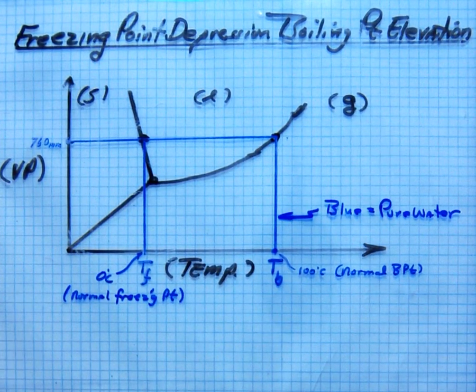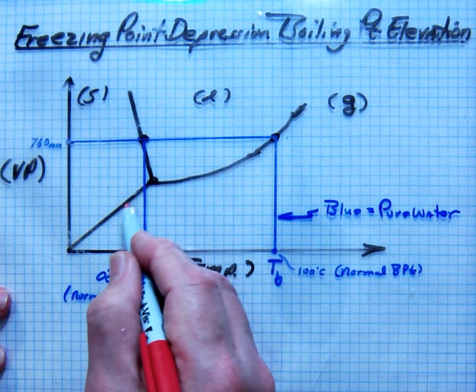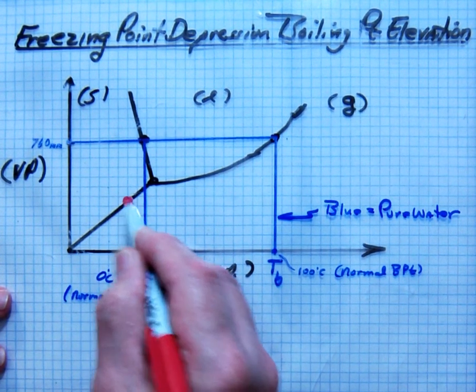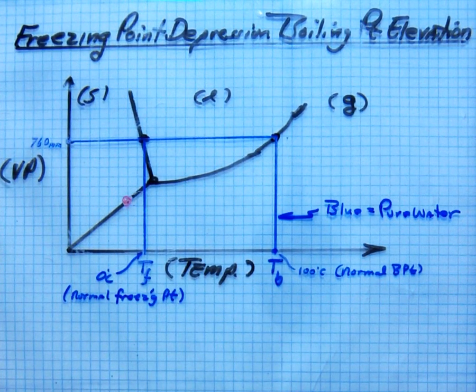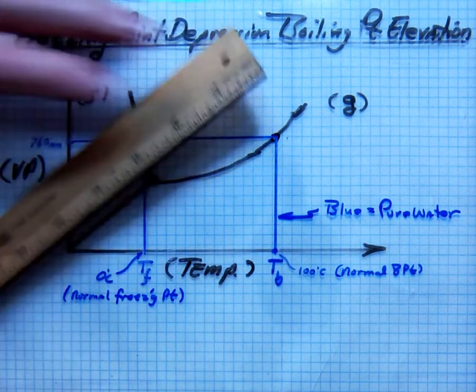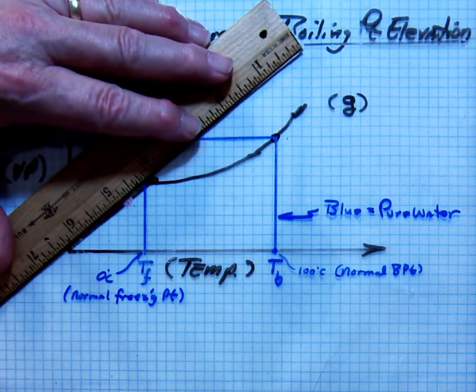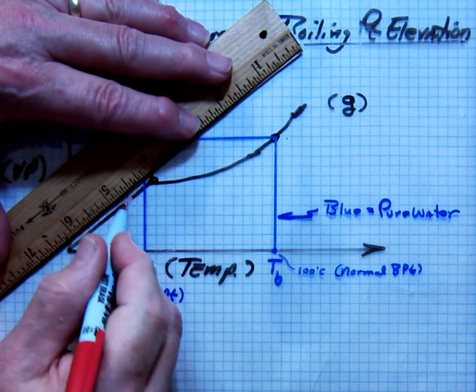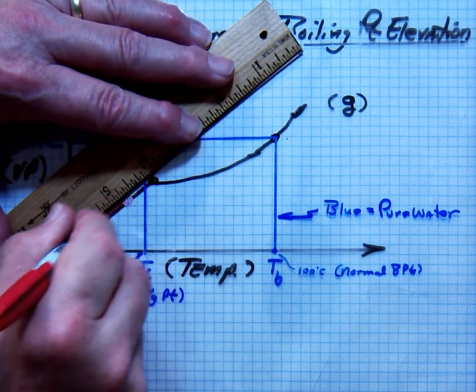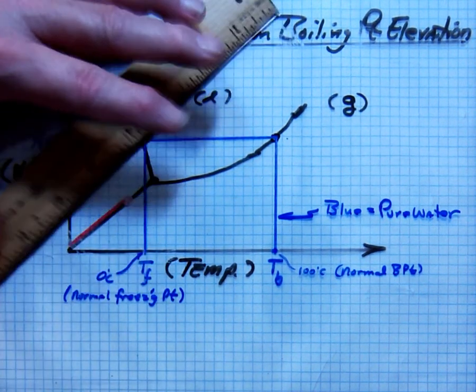Okay, the red line is going to be your solution. What happens is the triple point will shift down toward the axis. I'll try to be neat about this so you'll understand it, hopefully. And so this coincides back in this direction.